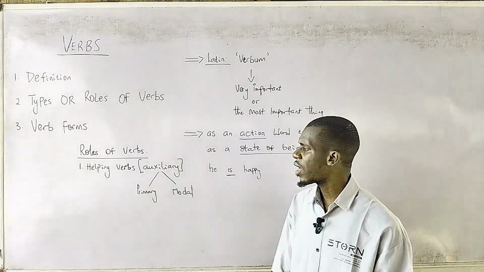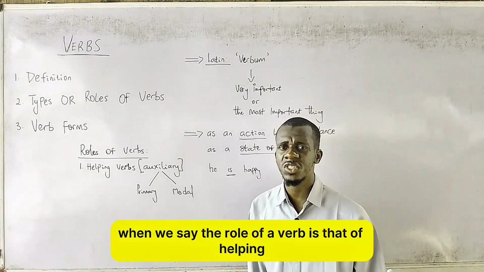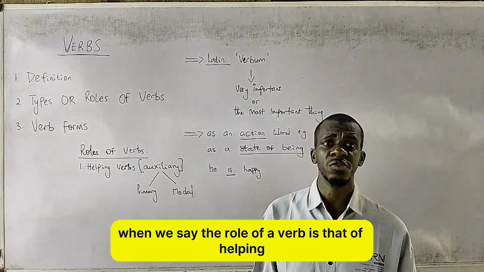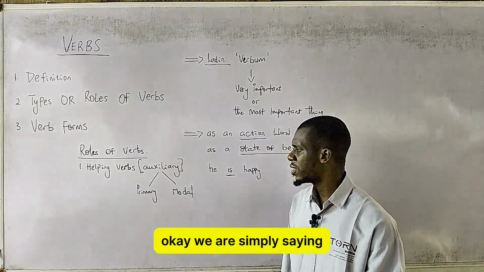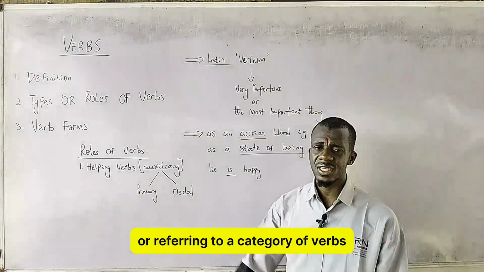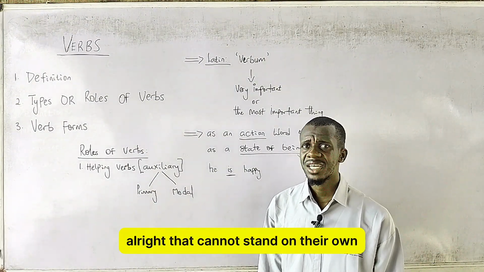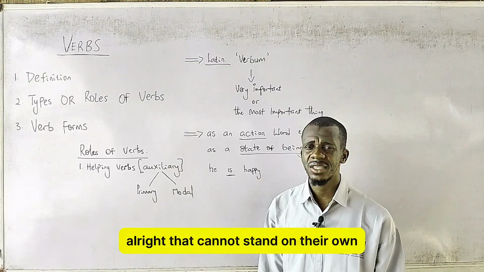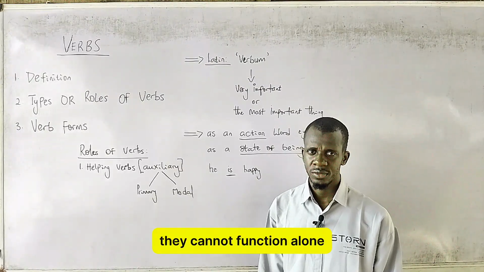verbs. Now, when is a verb said to be a helping verb, or what does it mean when we say the role of a verb is that of helping? Okay, we are simply referring to a category of verbs that cannot stand on their own. They cannot function alone.